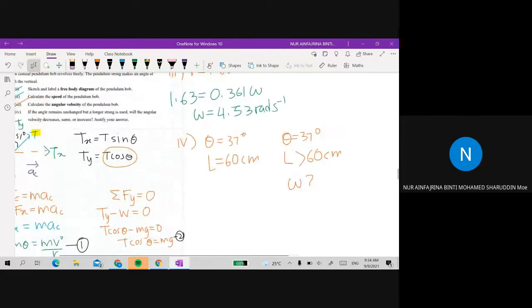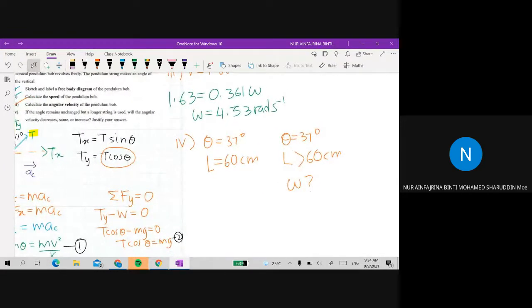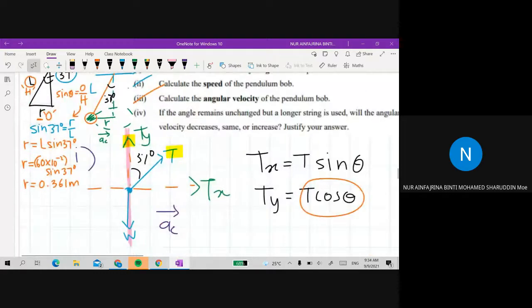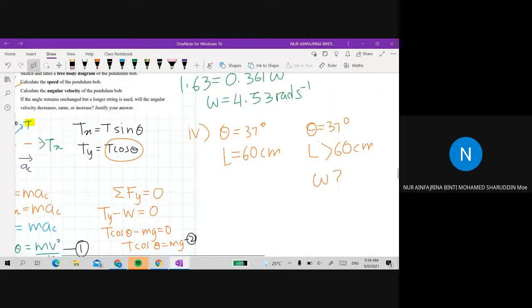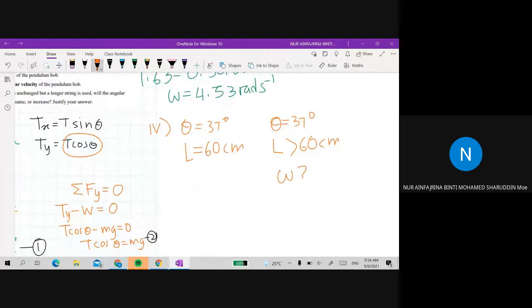For this case, bila angle dia 37 degree and the length is 60 centimeter, radius dia akan jadi 0.361 meter. And bila kita kira dia punya angular velocity, dia akan dapat 4.53 radian per second.